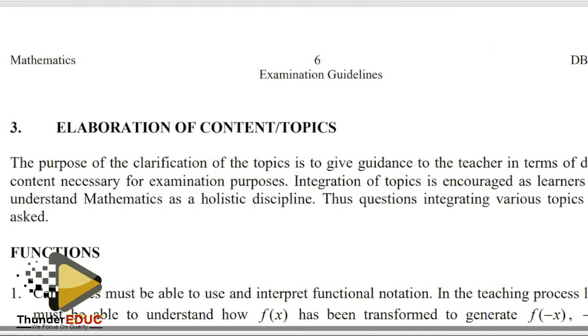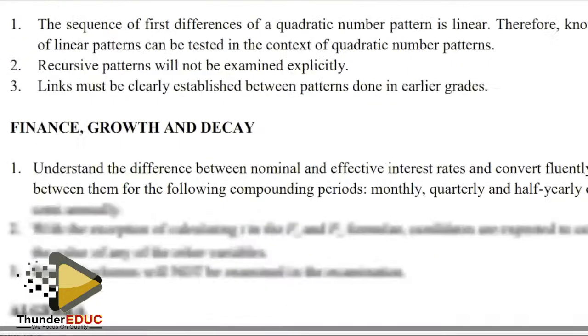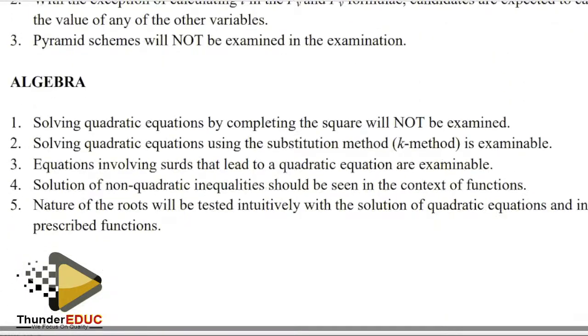When you look at this, under algebra, they're telling us that we're going to be solving quadratic equations, but we're not going to use the difference of 2 squares. So what are we going to be using? We're going to be using all the other methods of factorization and the quadratic formula.